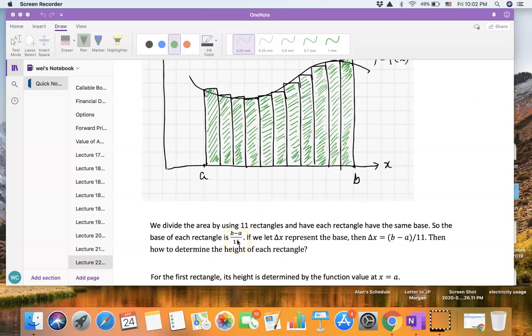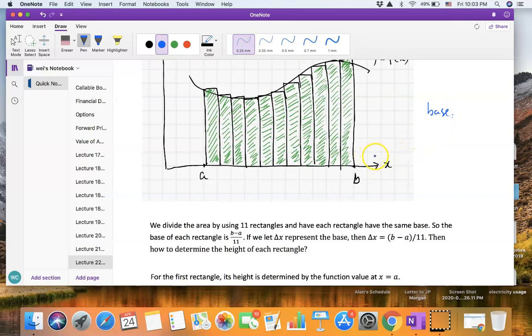If I use 5 rectangles, then the length of the base will be b minus a over 5. So this means the length of the base of each rectangle depends on the number of rectangles we are using. So we can use this formula to find the length of the base.